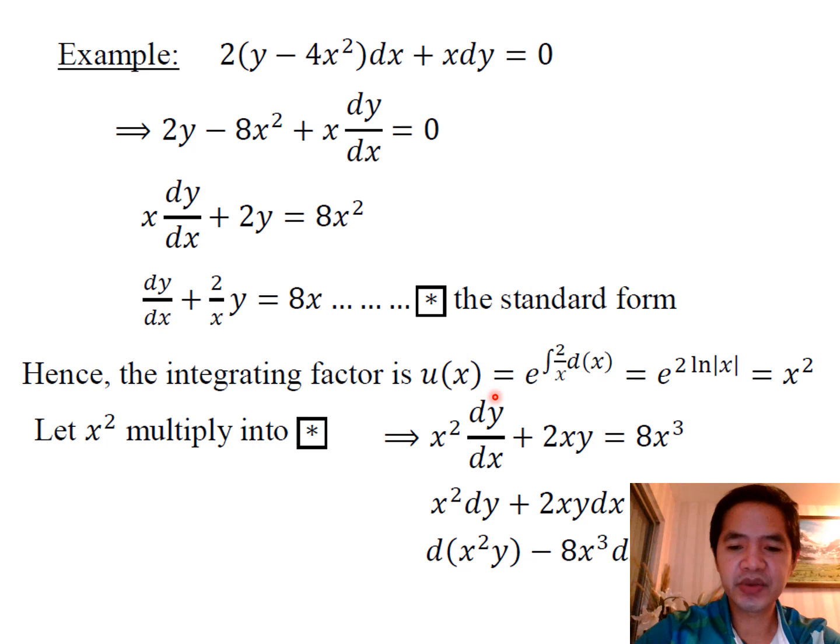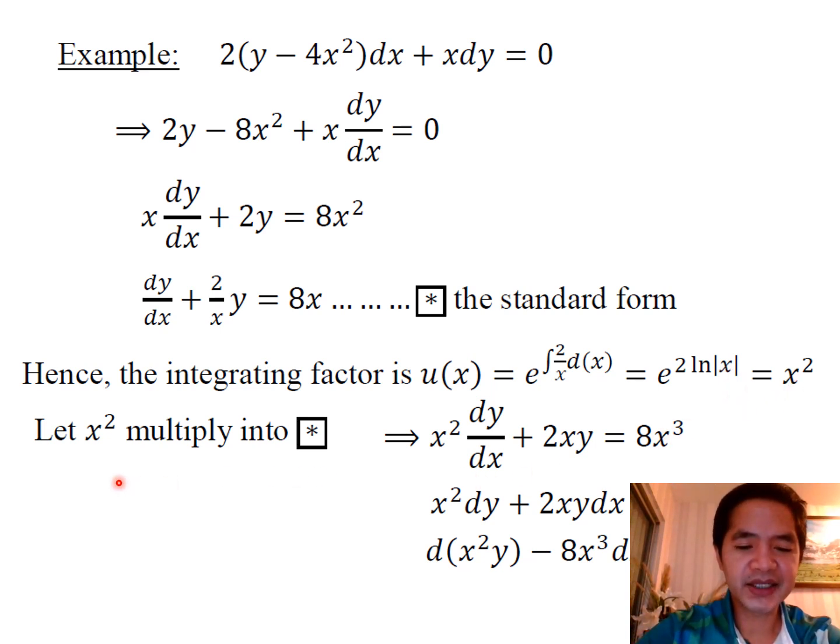So mu is equal to e to the integral of the p(x) function, which is 2 over x dx. After we do the integration, we get 2 ln x, so e to the ln x squared equals x squared.